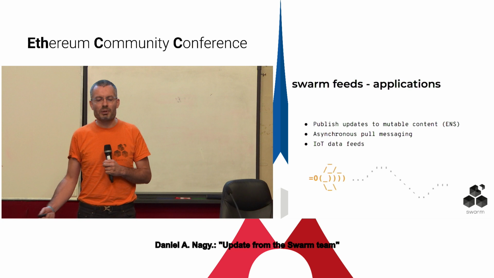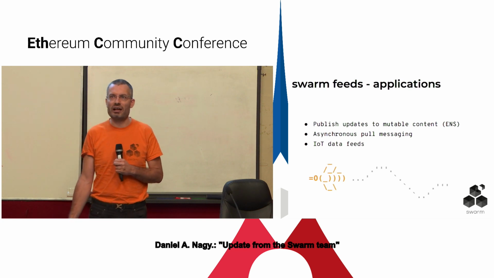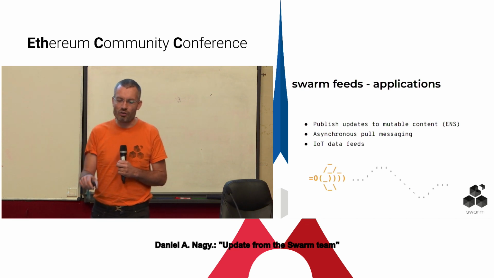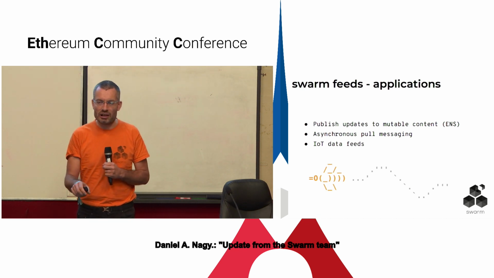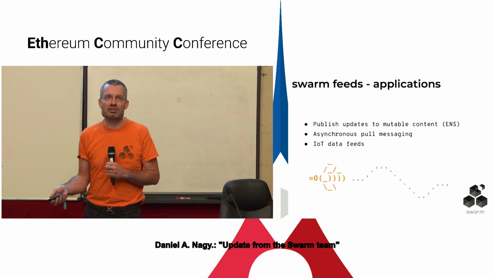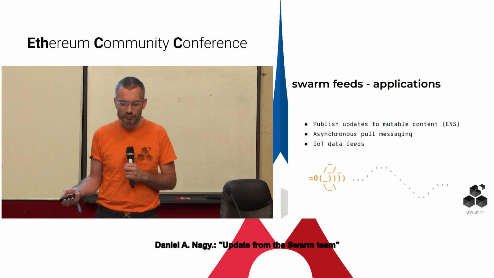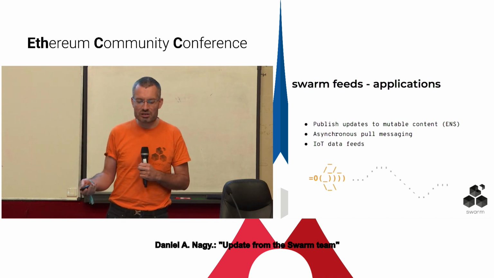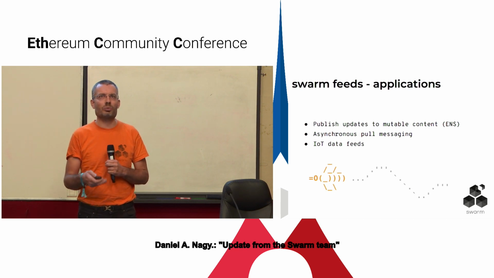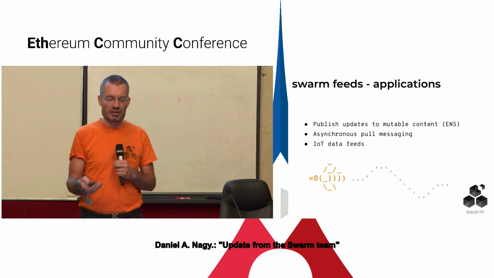So you can publish updates to ENS, so the present state or the most recent state of the Swarm feed can be anchored in ENS on the Ethereum blockchain. So that's our version of eventual consistency. There's asynchronous pull messaging, and actually Swarm feeds are so performant that you can use them for IoT data feeds.